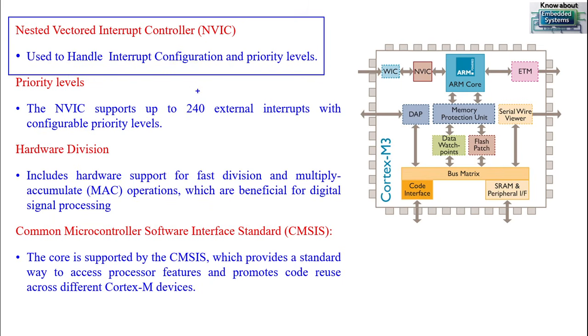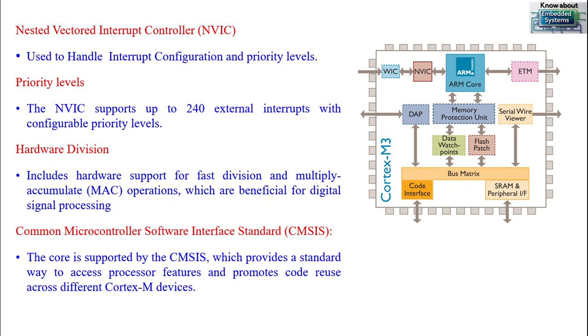That is called NVIC, and this NVIC is used to configure the interrupts and also to assign the priority levels. That is the use of NVIC. Here you can see this is the NVIC block. And what is good about NVIC is that you can go up to 240 interrupts. That is the beauty of your NVIC. Up to 240 interrupts you can configure with the help of NVIC.